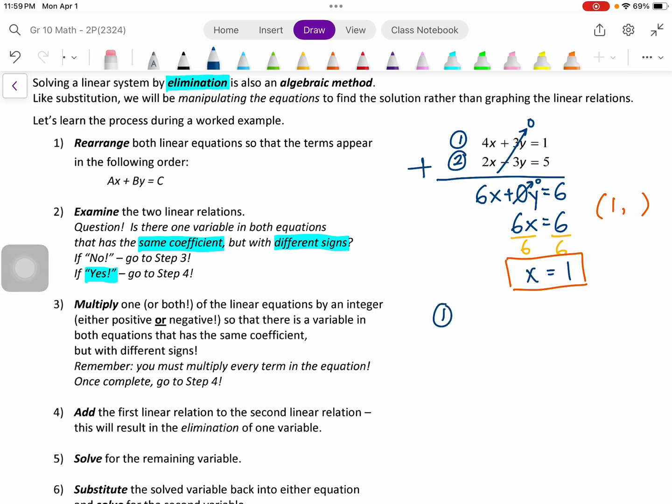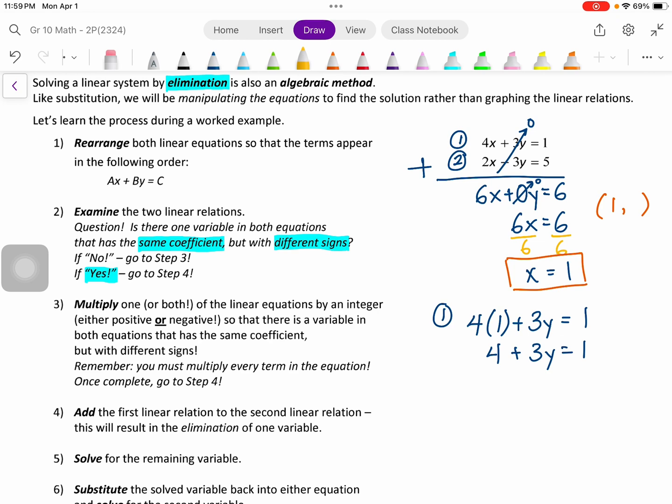So in equation 1, I have 4 times whatever x is, and in this case I solved x to equal 1, so 4 times 1 plus 3y equals 1. 4 times 1 is just 4. And I want to move that to the other side of the equation.